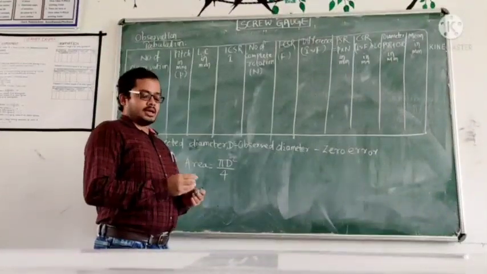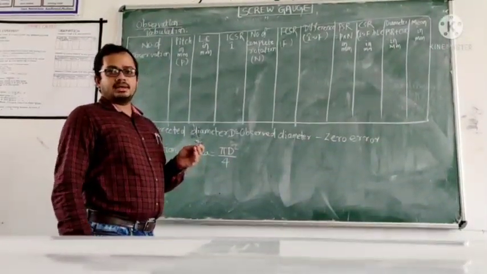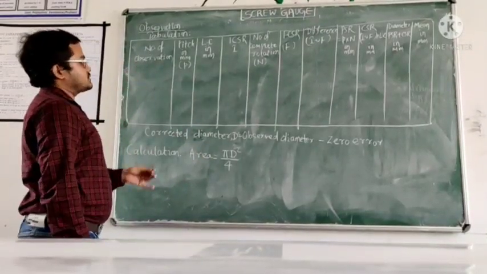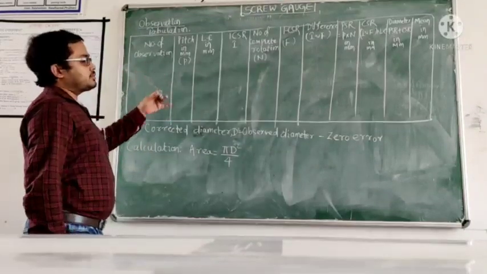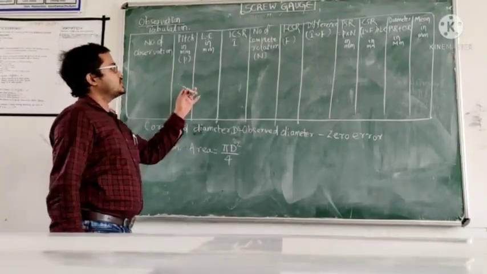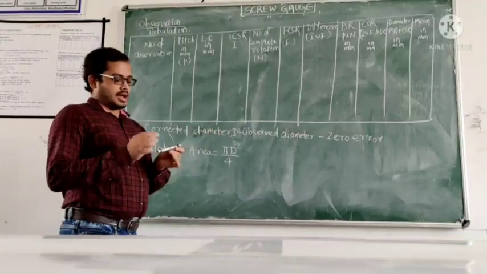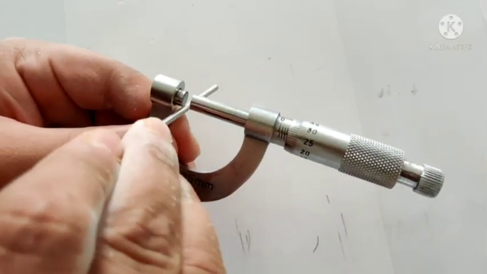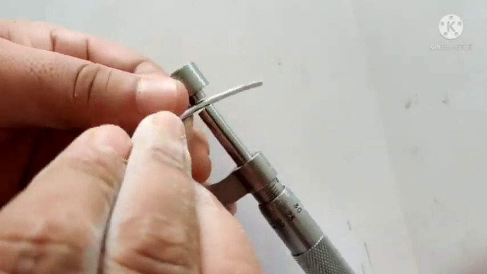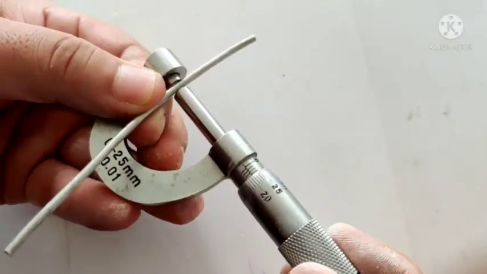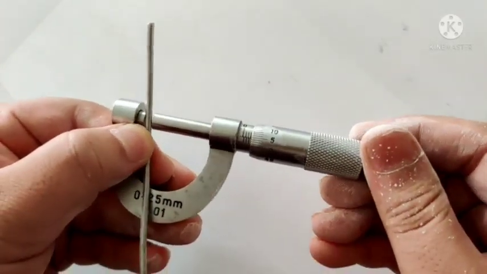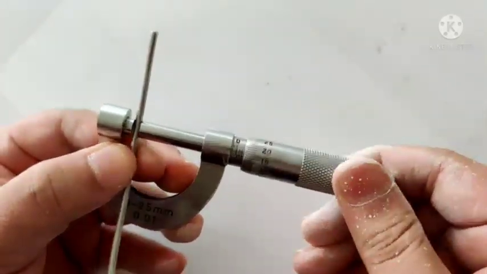We are going to measure the diameter of this wire using the screw gauge by following this tabulation. We will take some number of observations. We know the pitch, we know the least count, and now I am going to show you how to take the reading. We have to keep this wire between the two jaws, the screw and the anvil, of the screw gauge like this.